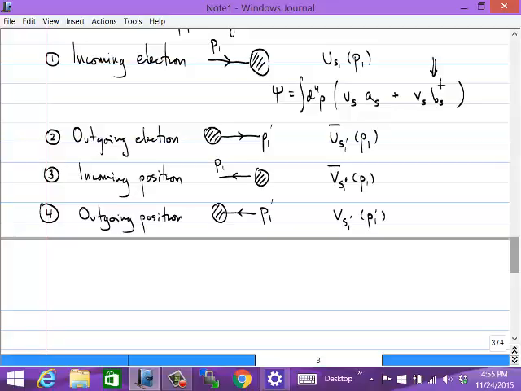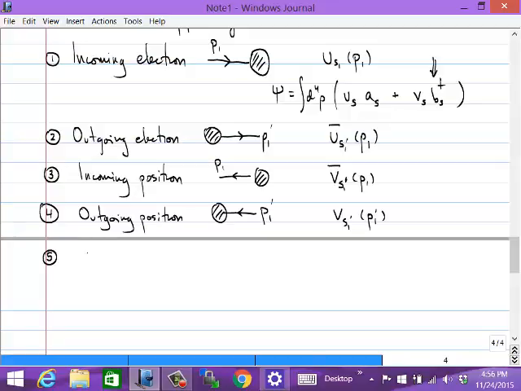What you really just need to remember is that you get a U for every electron and a V for every positron, and that you get a bar every time the charge flow is leaving the Feynman diagram, and you get no bar every time the charge flow is pointing towards the interior of the Feynman diagram.